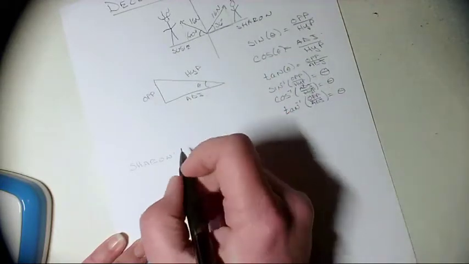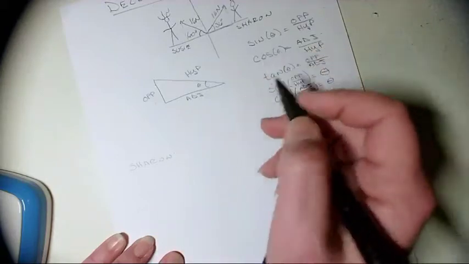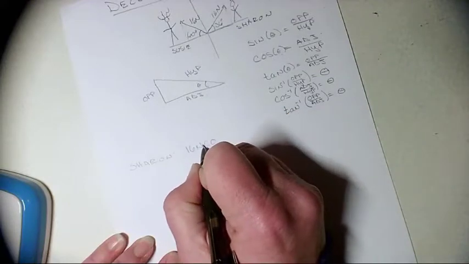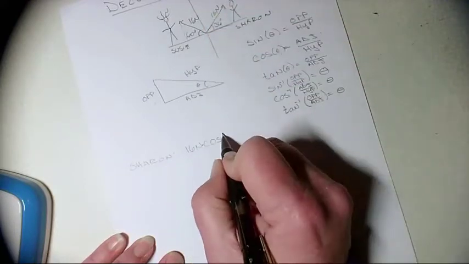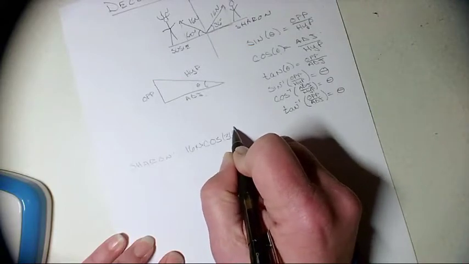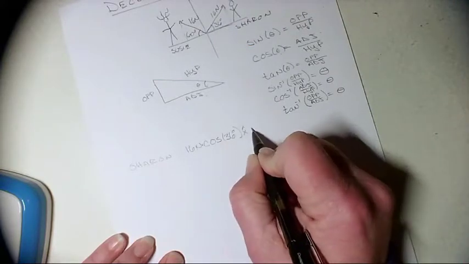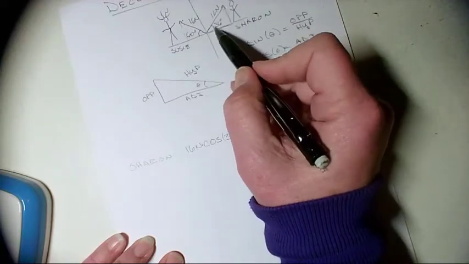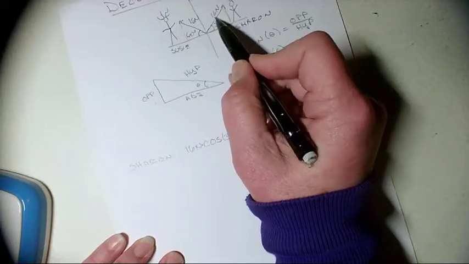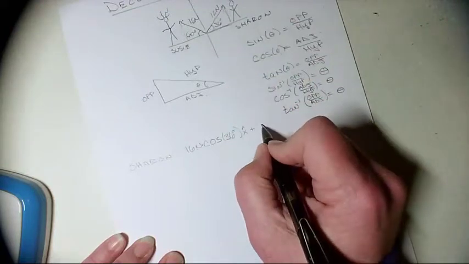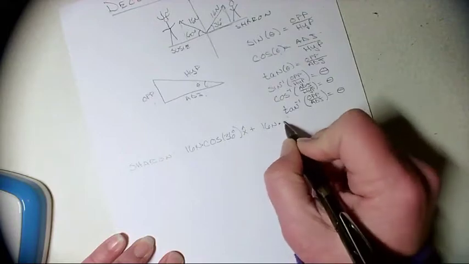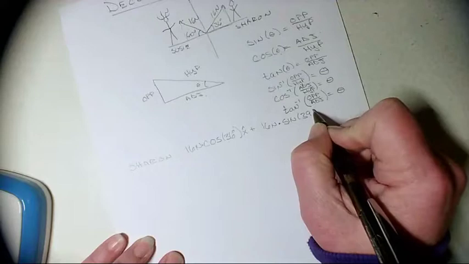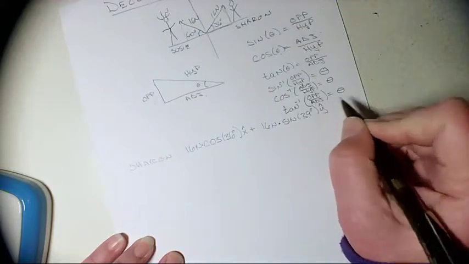So cosine: I take the hypotenuse, multiply it by the cosine, so 16 newtons times cosine of 36 degrees gives me my x hat component, plus, now I want my y component, which is opposite over hypotenuse, so 16 newtons times sine of 36 degrees gives us our y hat component.